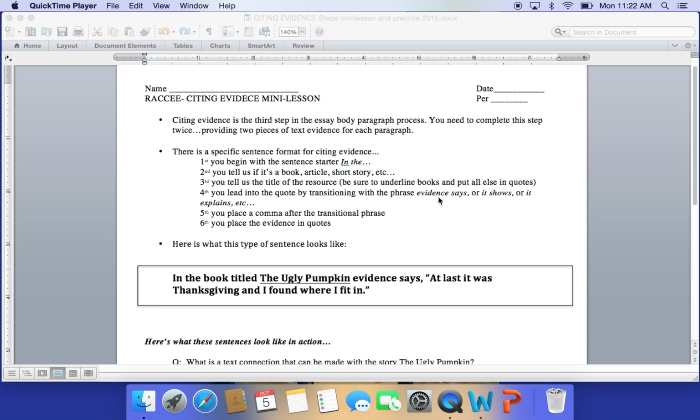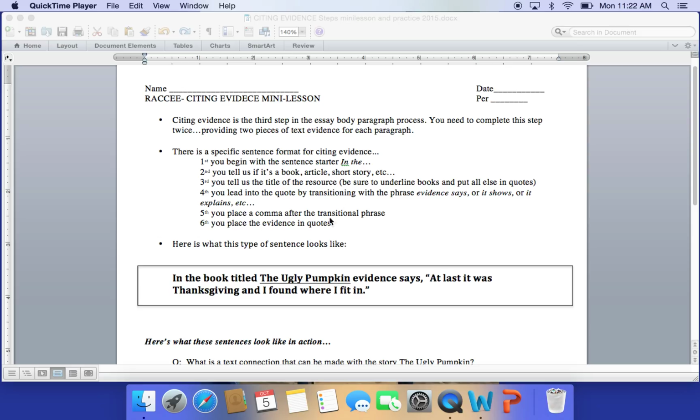A couple of examples are shown here. Evidence says is a good one, or maybe you want to say something to the effect of it shows, or maybe even it explains. So once again, I'll put it together for you so you can hear what it sounds like. You would start off here. In the book, The Ugly Pumpkin, evidence says, and that would lead you to the 5th step.